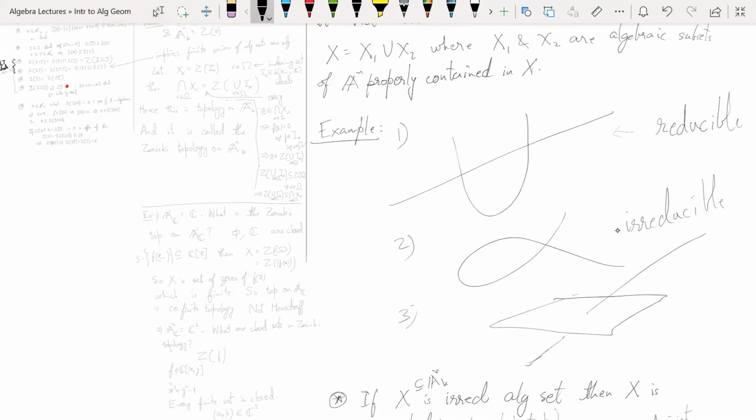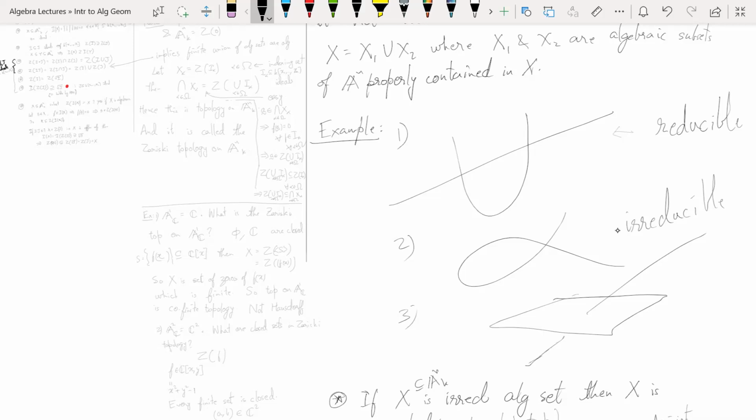How do you get that from the picture? The second one has only one object. How do you break it? We'll make this more formal in terms of ideals. But the point is that there is no way you can break it into reducible components.